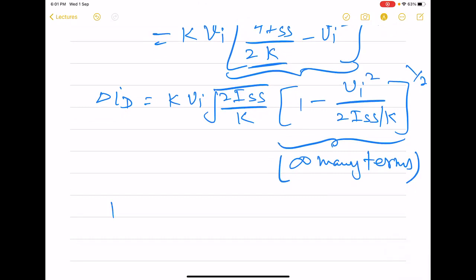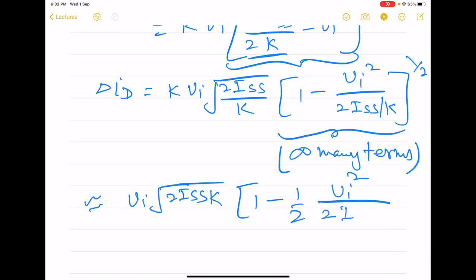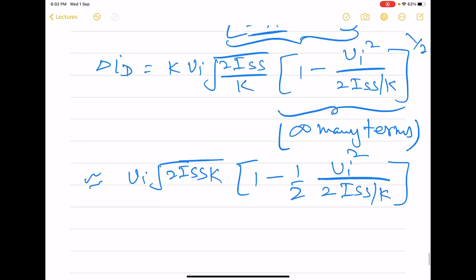So this will be approximated to 1 minus 1 by 2 into VI square divided by 2 ISS by K. This is after expanding and including only the first order term.